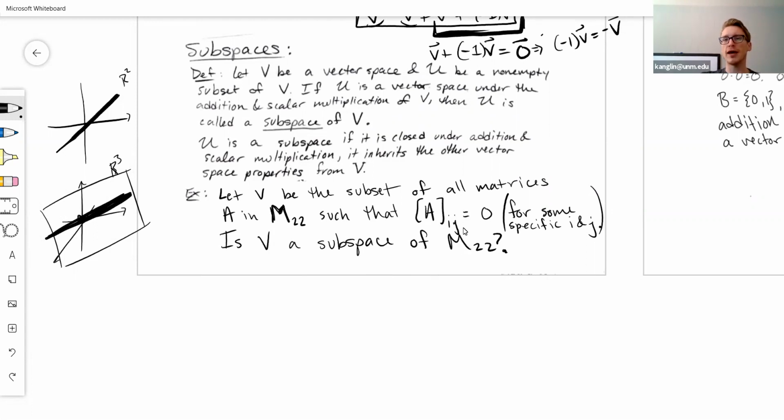Vectors within M22 that have a certain entry that's a 0. If we look at all matrices of that form, all we have to do is show that it's closed under addition and scalar multiplication. It's going to inherit the rest of the vector space properties from M22, where it lives. So to check this, we check closure under addition.